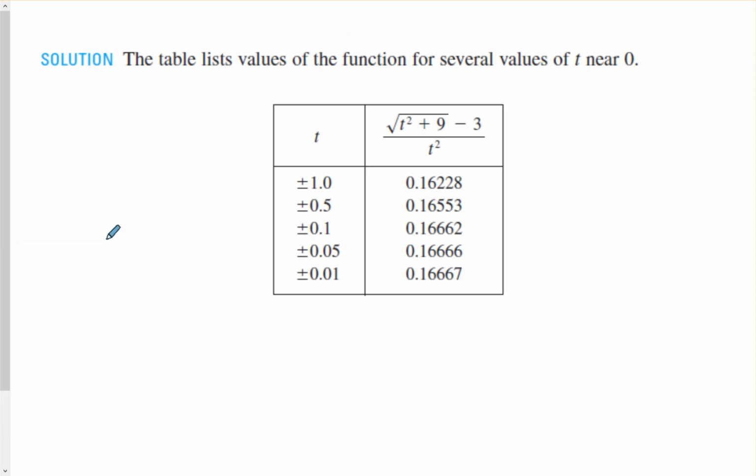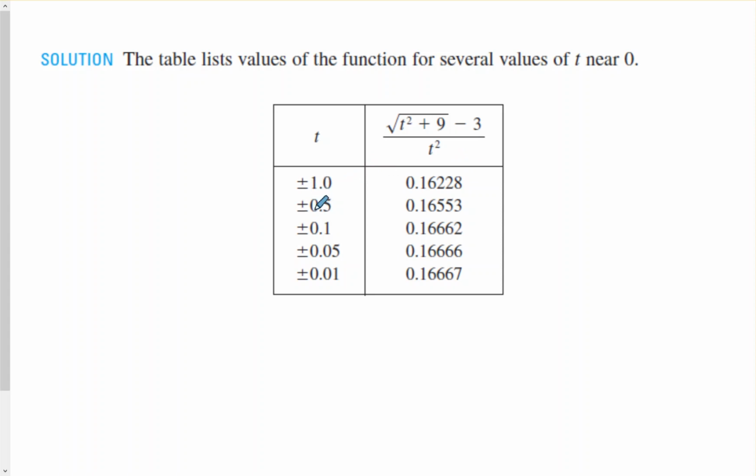Here we have a table listing values of the function for several values of t near 0, starting at positive and negative 1, which gave us 0.16228.